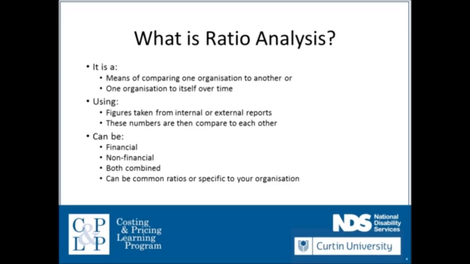Ratio analysis can be done both from published reports, such as annual financial reports, which you might be interested in if you're looking to compare your organisation with other organisations within the disability services sector. It can also be done internally, and indeed it can be enriched by using internal management numbers that will help you to be able to understand your organisation better.